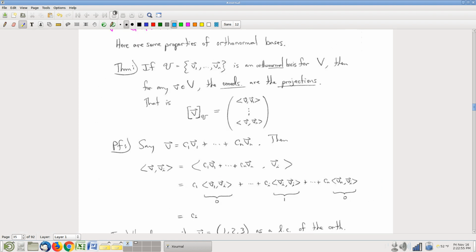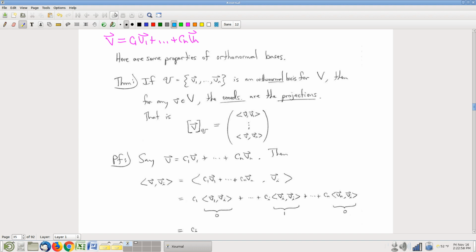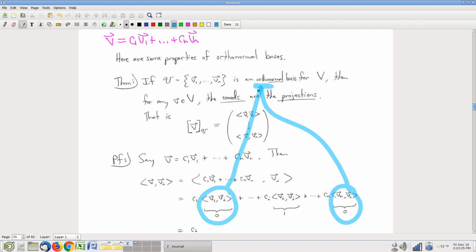Most of these inner products are 0 because this is an orthogonal basis. V1 and Vi, those are two different vectors in this orthogonal basis. Being an orthogonal basis, all vectors are perpendicular to each other. Inner product is 0, so that term goes away. Likewise, that inner product, again, this is an orthonormal basis. Inner product is 0. That applies to all of these terms with one exception, and that is when you're looking at Vi, inner product with Vi.